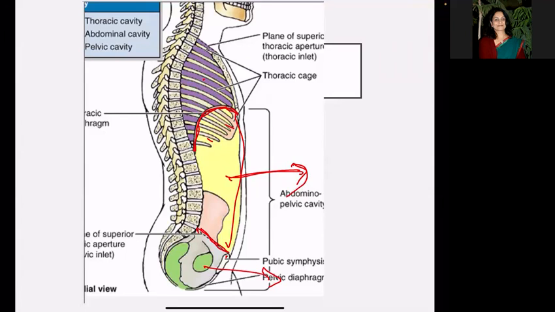Posteriorly, it is bounded by the lumbar vertebrae and their discs and the muscles which form the posterior abdominal wall.